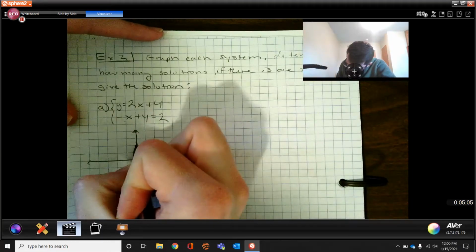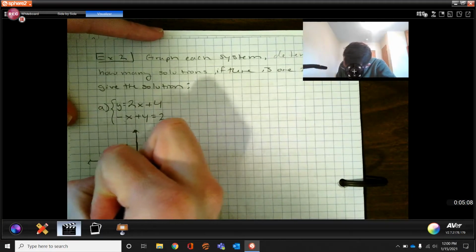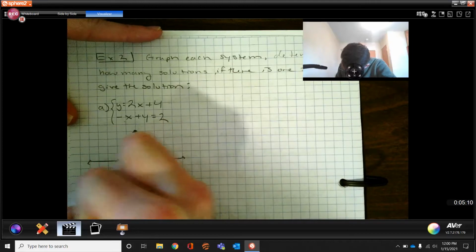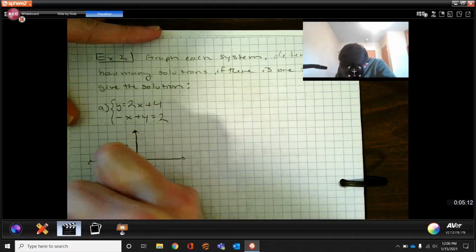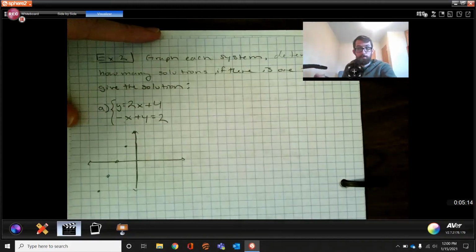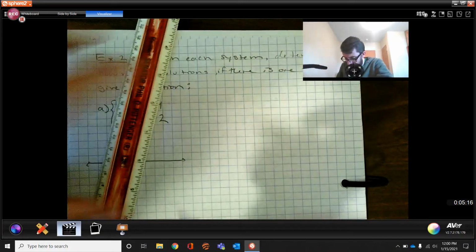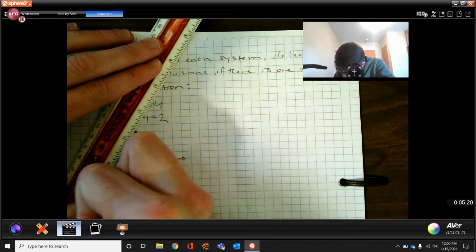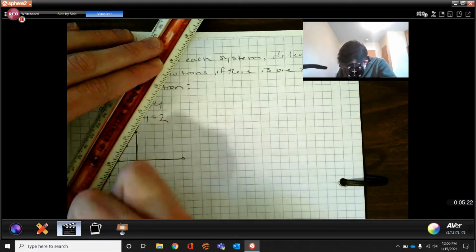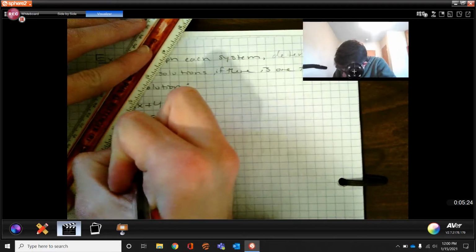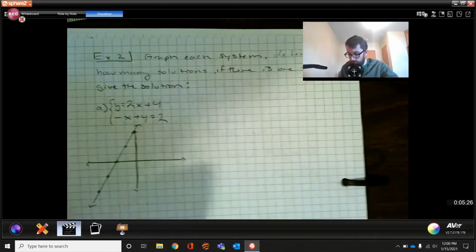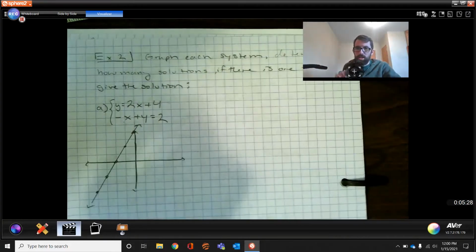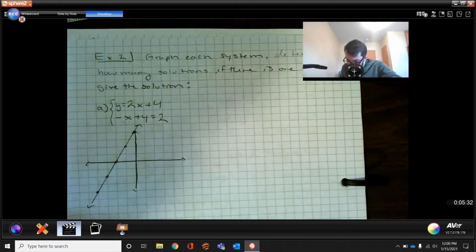So I'm going to go down 2, left 1, down 2, left 1, down 2, left 1, down 2, left 1. I'll take my ruler, connect those dots. So you should see, even from yesterday, why graph paper is so important when we solve these by graphing.